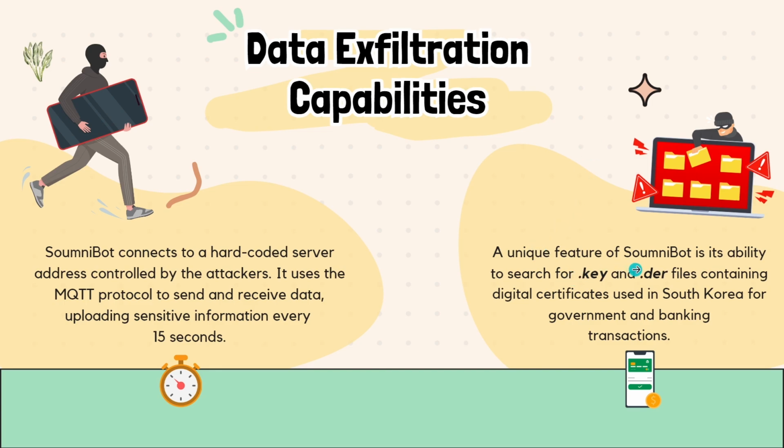A unique feature of SomniBot is its ability to search external storage media for specific file types, .key or .der files containing digital certificates used in South Korea for government and banking transactions. This makes it particularly dangerous and sophisticated compared to typical Android banking malware.